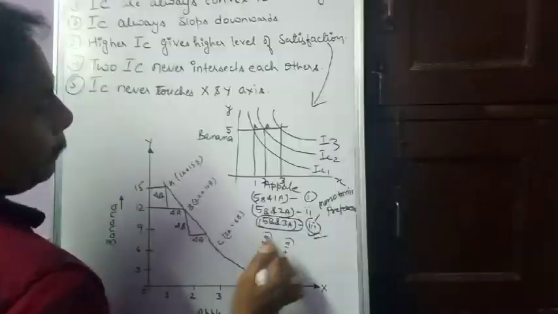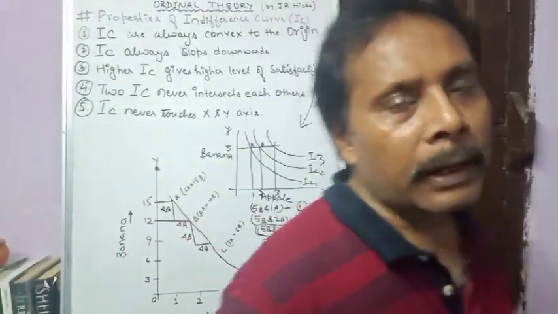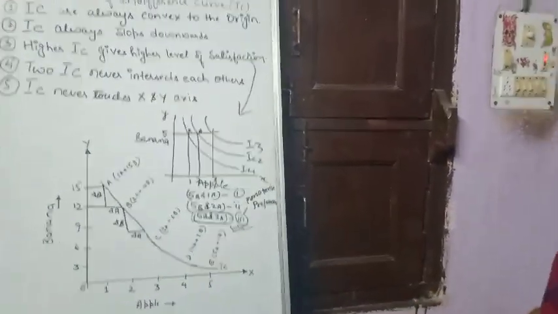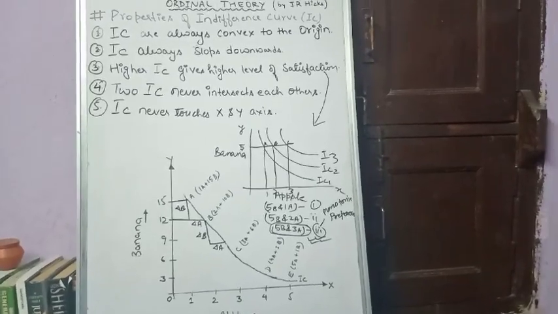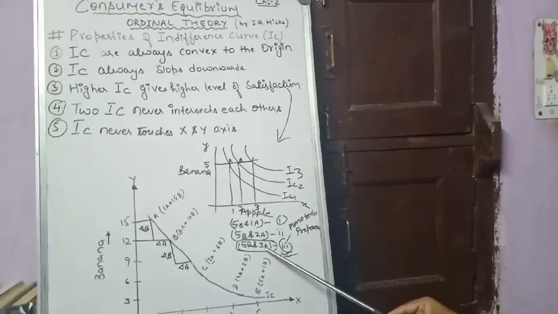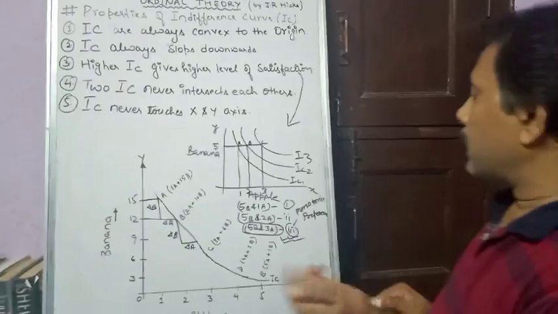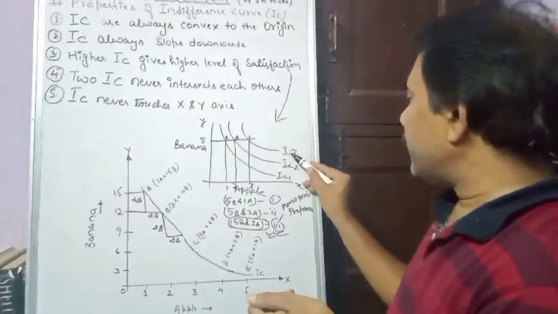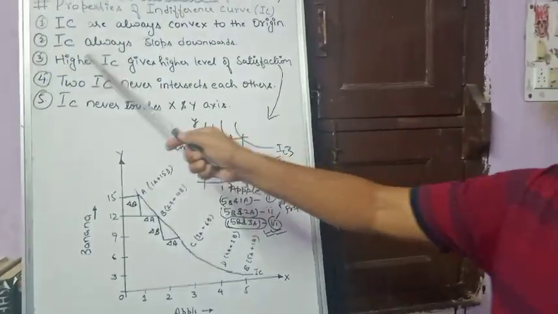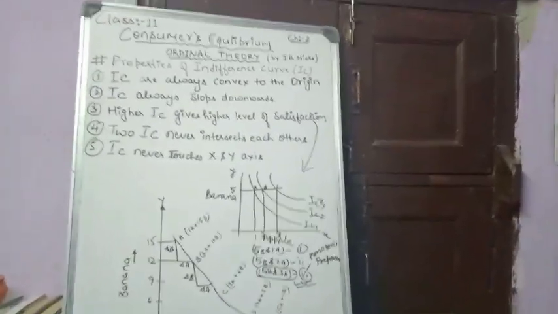So due to monotonic preference, every consumer wants to take the bundle in which the number of units of commodity is more, to get the maximum level of satisfaction. So IC3 indicates 5 bananas and 3 apples, and IC3 is the higher level of IC. So it is said a higher IC always gives a higher level of satisfaction.